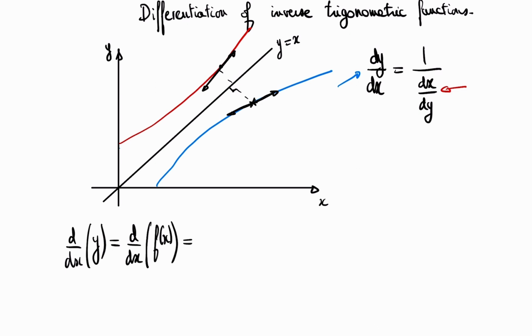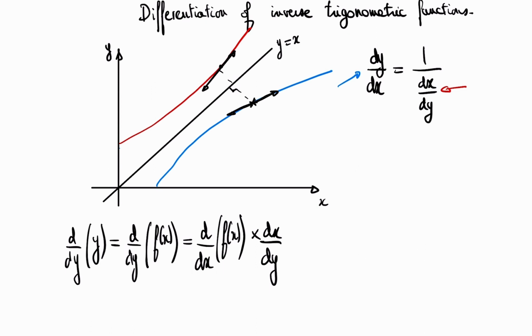Now, using the chain rule, this is the same as d over dy of x of y is the same as d over dy of f of x, which is d over dx of f of x times dx over dy. This is the chain rule.